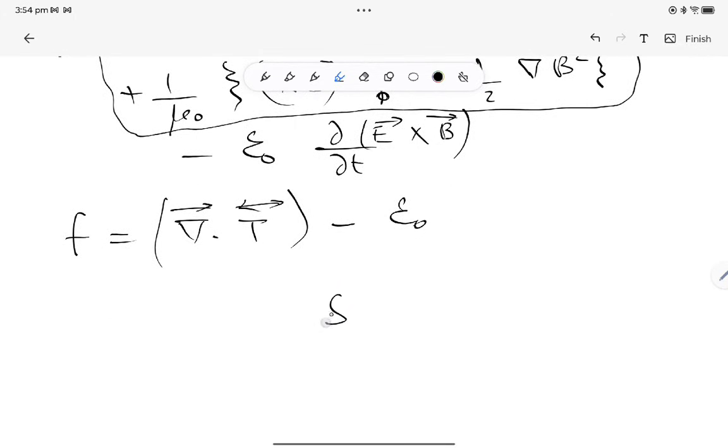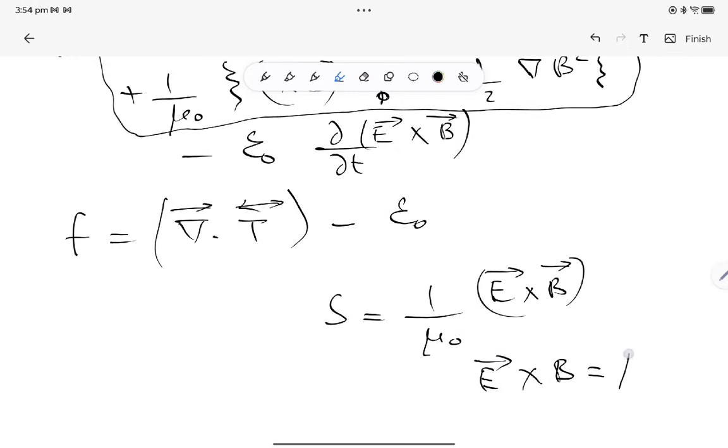You see, the Poynting vector S is equal to 1 by mu naught E cross B, so E cross B is equal to mu naught S. Substituting that there, you get mu naught S, del S by del T. This expression is very, very important. It is also a Poynting equation, but written for electromagnetic force per unit volume.